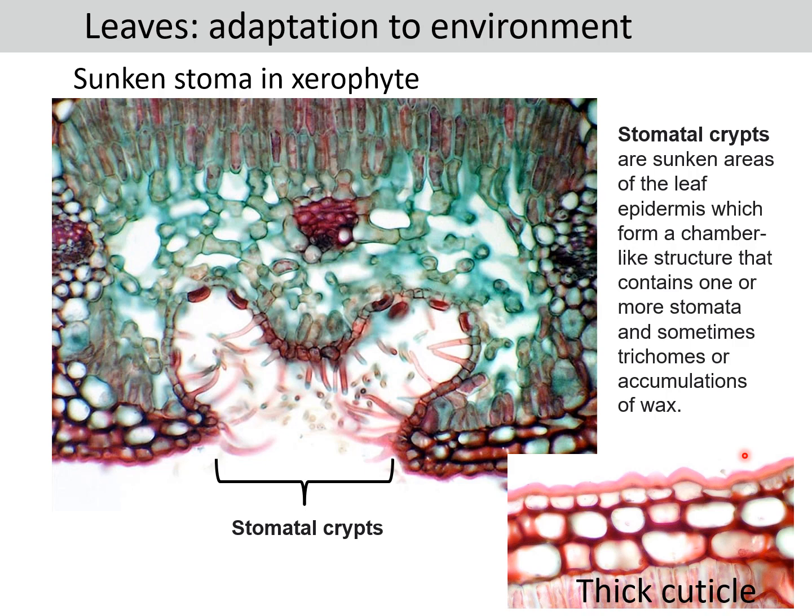And the sunken stomata are within the leaf rather than on the surface. Sometimes we call the area of sunken stoma that is lower than the epidermis level the stomatal crypt.